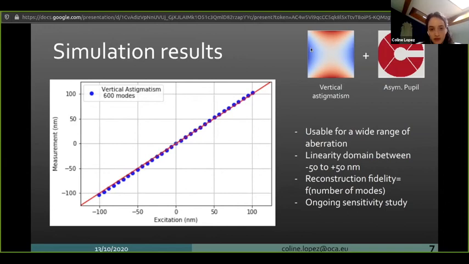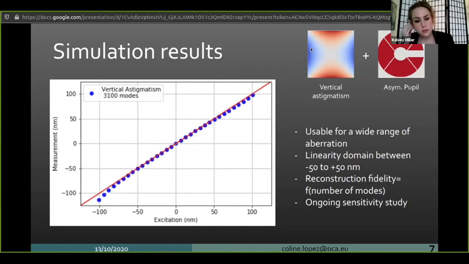What the asymmetry actually does is allow us to recover all the aberrations. If we didn't have an asymmetry, we would not be able to recover the sign of the aberrations. So the asymmetry is just here to break this degeneracy, as I showed in the beginning, but it does not affect the domain of linearity.